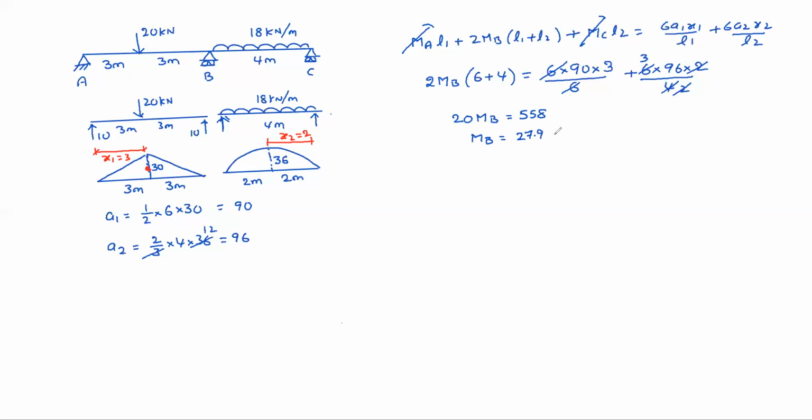MB is 27.9 kilonewton meter. So now you can draw the final moments and mark them on this, like this: 27.9.